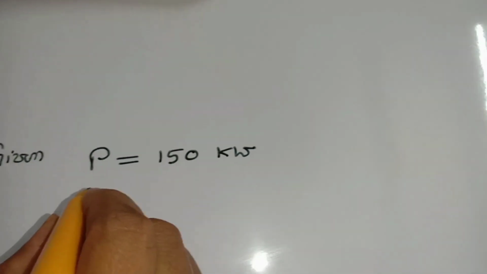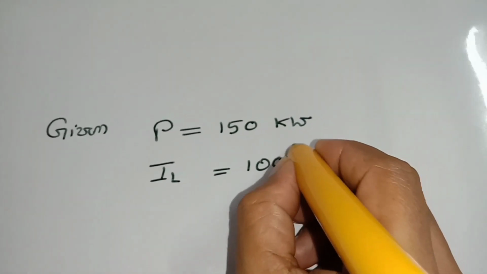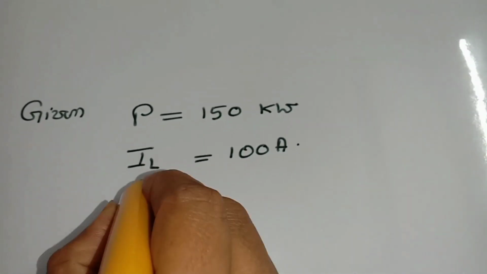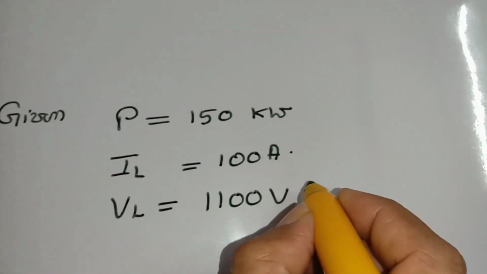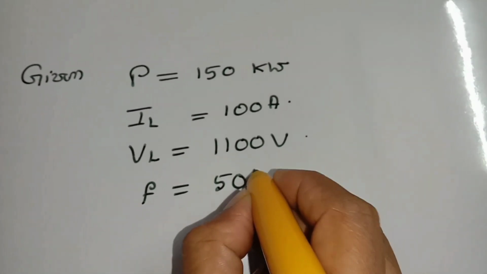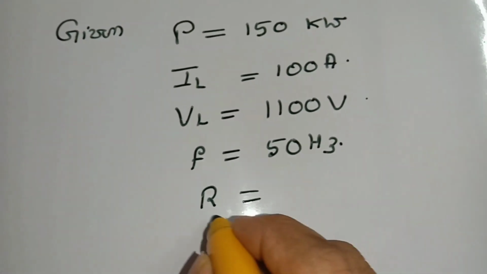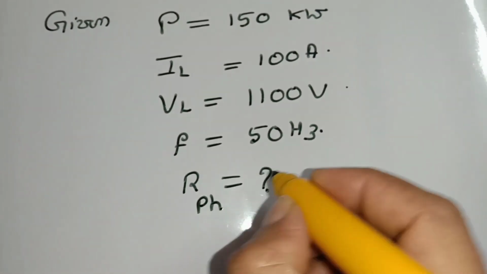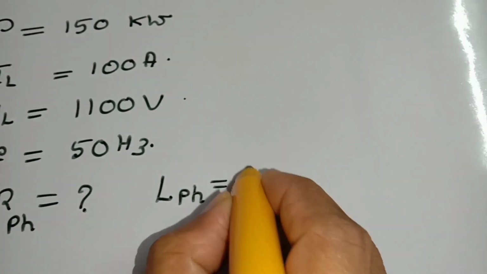It takes a line current of 100 amps and the line voltage given is 1100 volt at a frequency of 50 Hz. We have to find out the resistance RPH and inductance LPH.